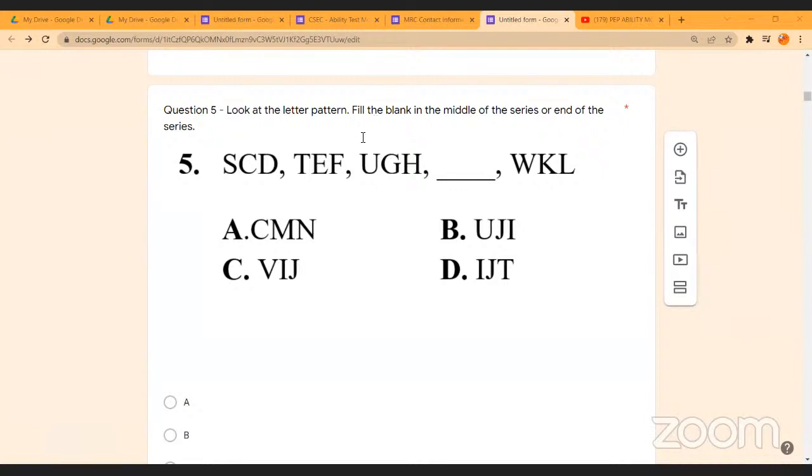Read the question for me, Javar. Read the instruction first. Look at the letter pattern.